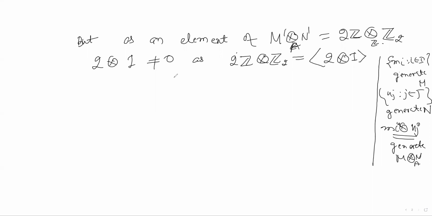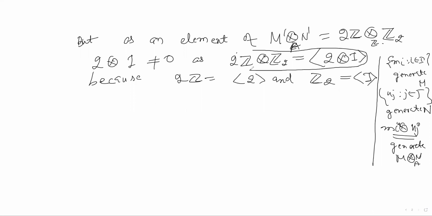This is because 2Z is generated by 2 and Z2 is generated by 1. So therefore it is generated by these types of tensors.